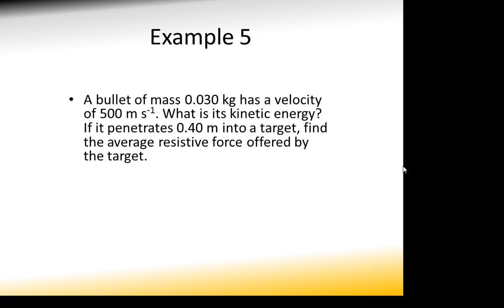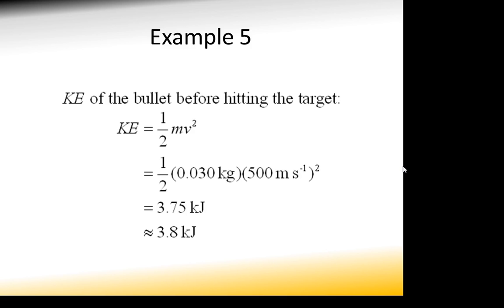It's the opposite of me taking the bullet and pushing it forward with the distance forward. That adds to the kinetic energy of the bullet. This is the opposite. Okay? And the question is what is the resistive force offered by my hand on average? Okay. And I've given you the answer.